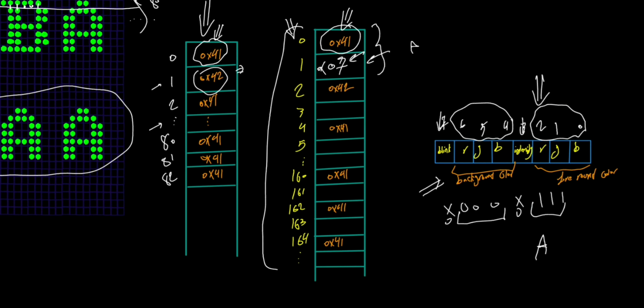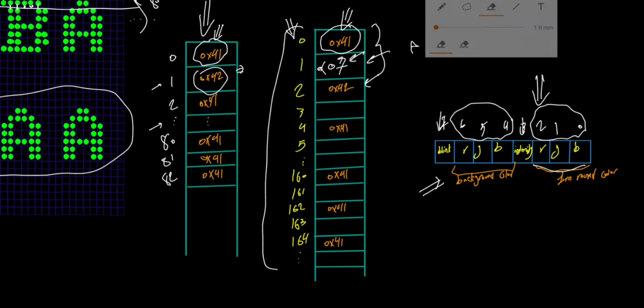As another example, let's say for the 0x42, let's say that we would have 0, 1, 0, 0, 0, and in here for these 3 bits, we would have 1, 0, 0. So let me actually wipe this thing out so you can better see them.